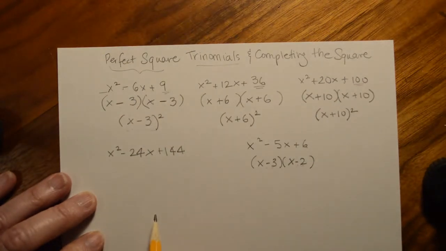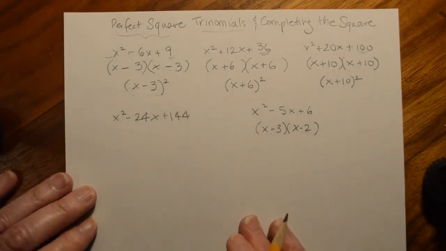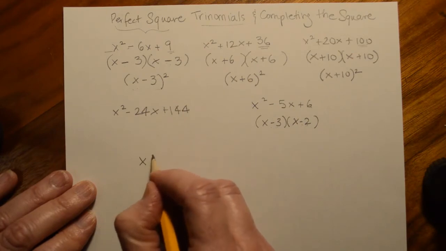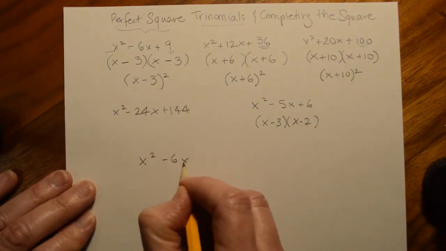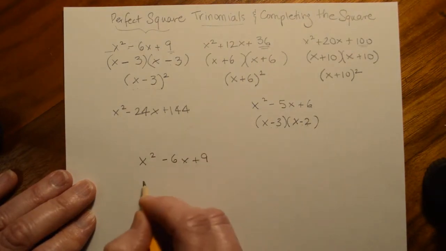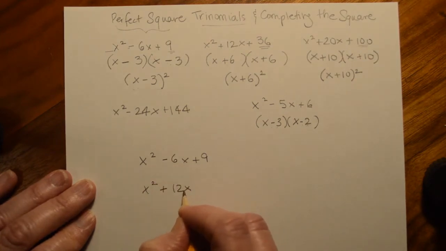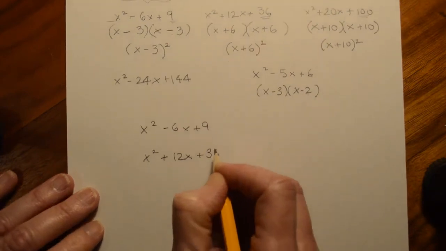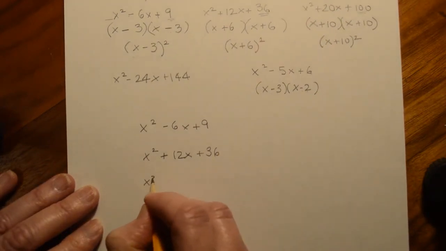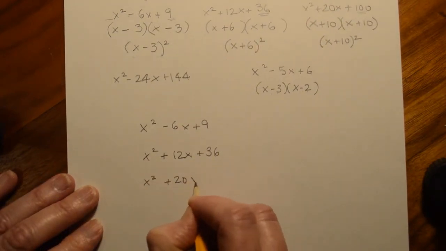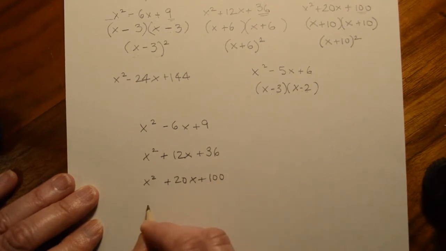Okay, so how can we take a polynomial, and again, let me write them down here in their unfactored form, what is it about a polynomial that we could look at and say, oh, that is a perfect square trinomial? Let me write our fourth one here, even though we didn't factor that.